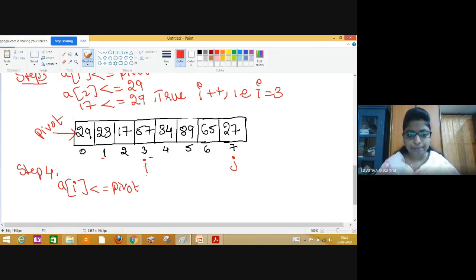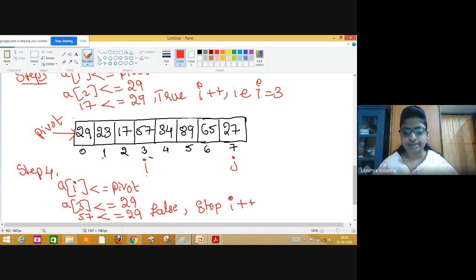Pivot. What is A of I? See the previous step. What is I value? 3, right? A of 3 less than or equal to 29. What is A of 3? 57. 57 less than or equal to 29: true or false? False. When it is false, stop incrementing I plus plus. Now I will not be moved.